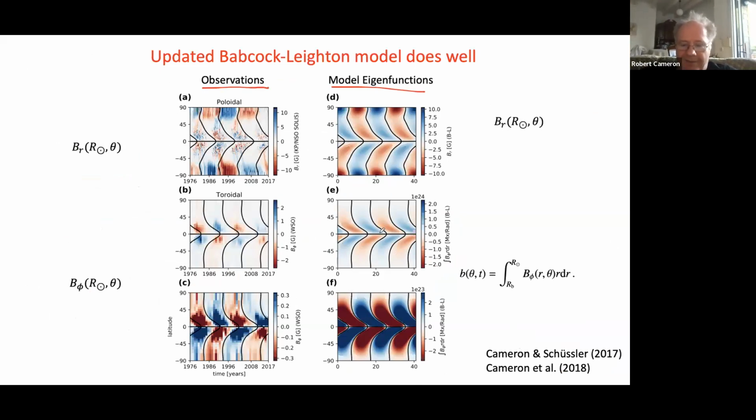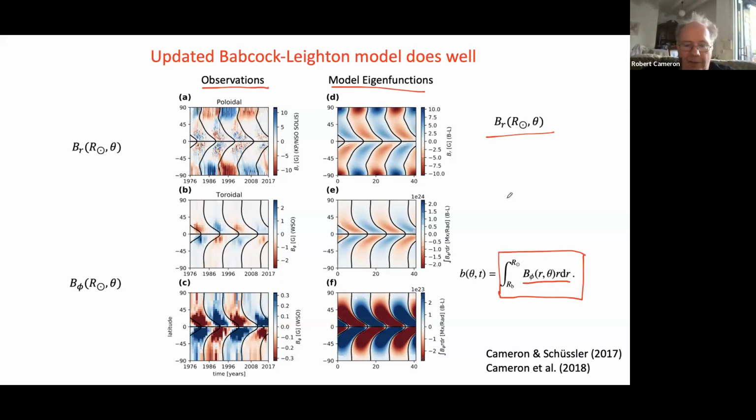I consider the evolution of the integrated toroidal field from the base of the convection zone, or beneath the tachocline, to the solar surface, and only this. Then it's a two-layer model. I have the radial field at the surface in the model and this integrated quantity.